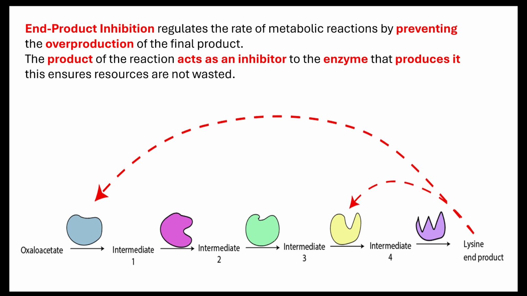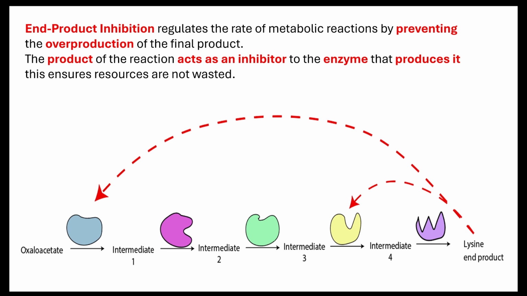If there is too much lysine, what the cell will do is actually inhibit enzymes that are going to produce lysine. So there is an inhibition where the lysine can bind to the allosteric site of two of the enzymes that are necessary in the pathway to produce itself.